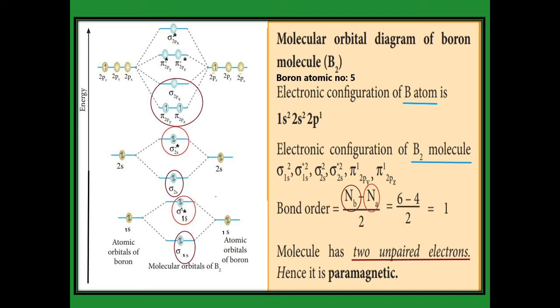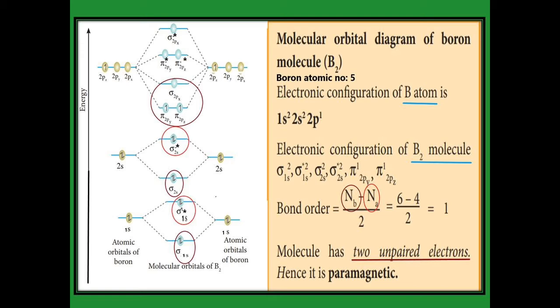There is only 1 electron in the 2p atomic orbital of one boron atom, and the other boron atom also contains only 1 electron. So totally 2 electrons in 2p. Then the 2 electrons go to pi 2py and pi 2pz, because the salient features indicate that electrons are accommodated based on the Aufbau principle, Hund's rule and Pauli's exclusion principle.